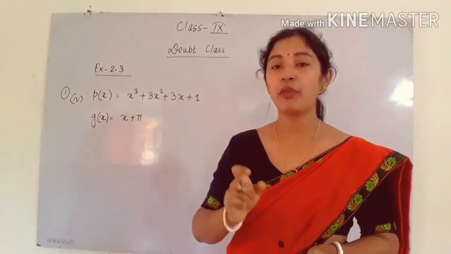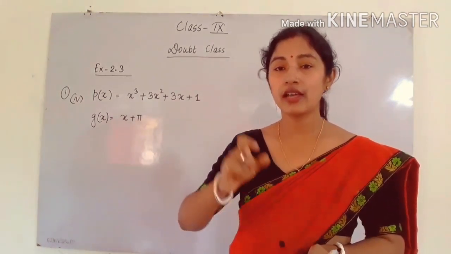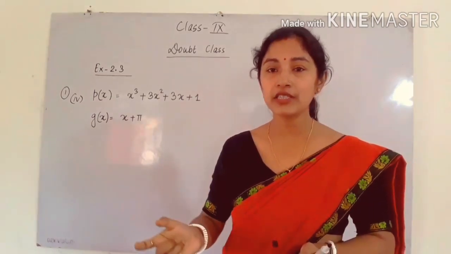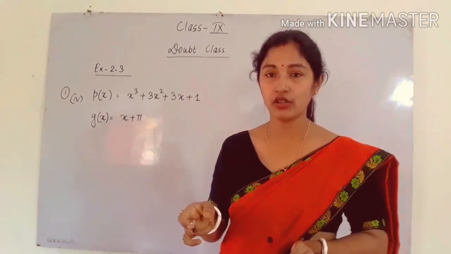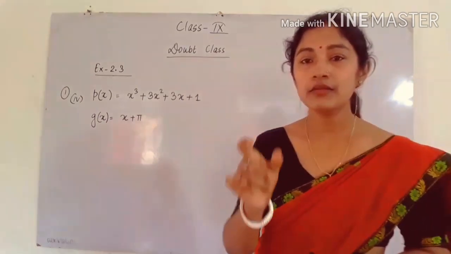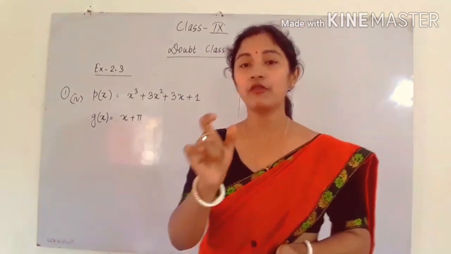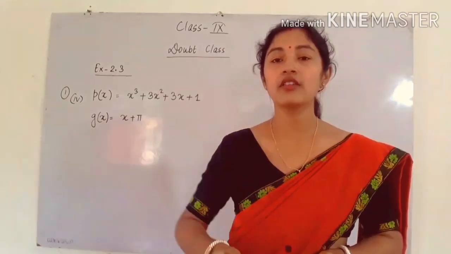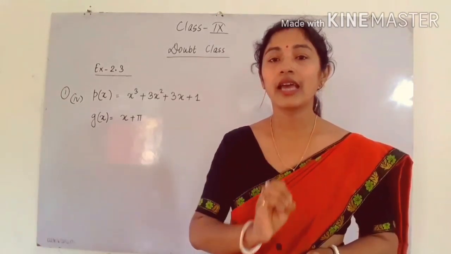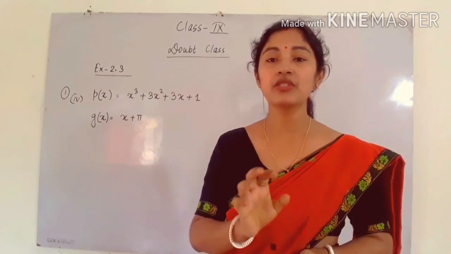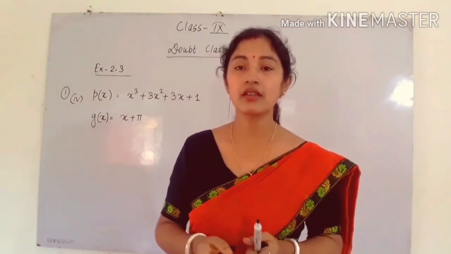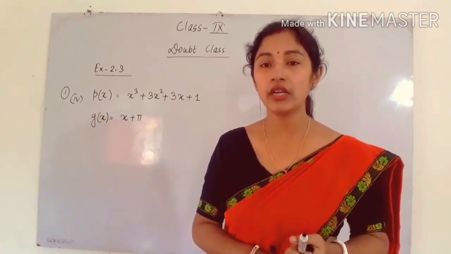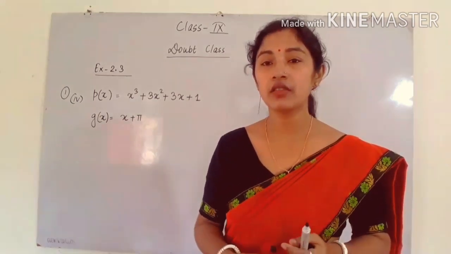So the value of pi, we can take as 3.14 in some places, and in some places we can take it as 22 by 7. It is mentioned in every question which value you have to take for the calculation, so that your calculation becomes simpler. That's why in some cases it is written that you have to take pi equal to 22 by 7, otherwise it is written 3.14.